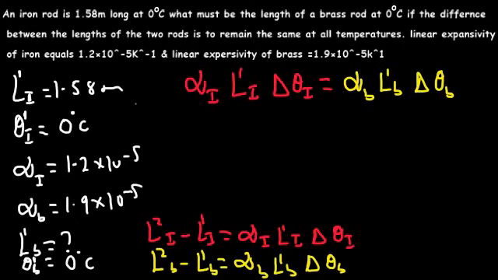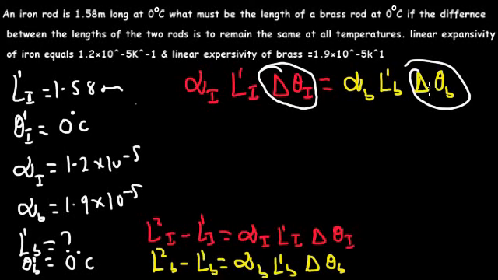Now, what can we say about the change in temperature? Since the part we are talking about says that at all temperatures, that is, at the same temperature change, at the same increase in temperature, then in this case we have to consider change in theta sub I to be equal to change in theta sub B. That is, the change in temperature of iron will be equal to the change in temperature of brass, because that is when their difference in length are equal.